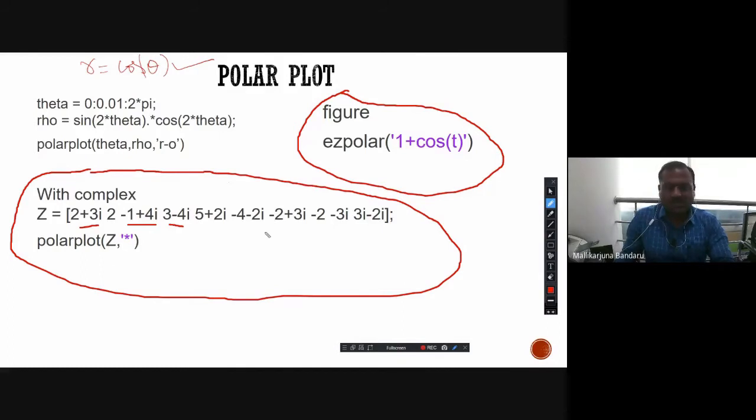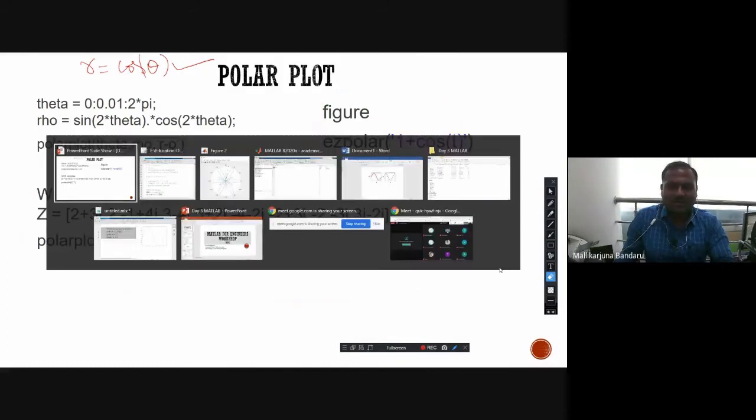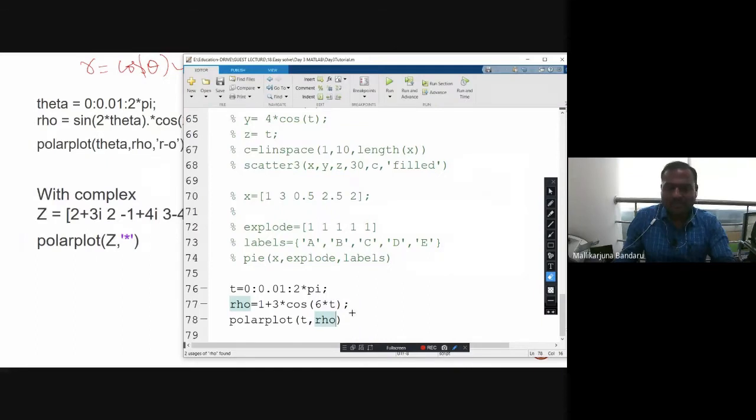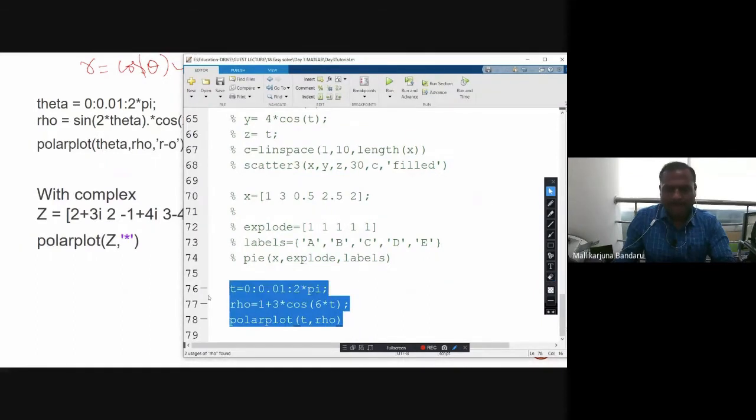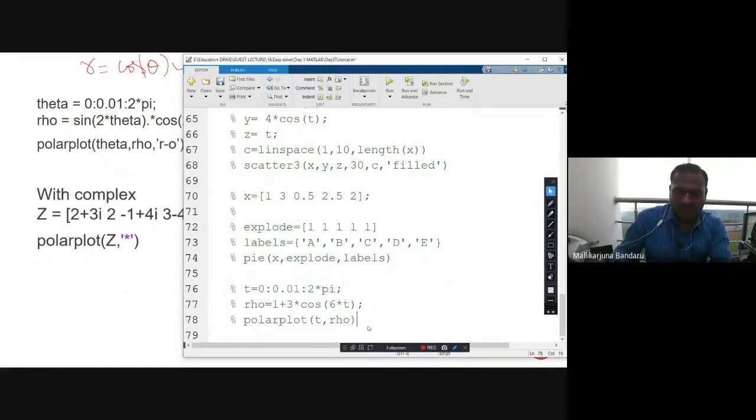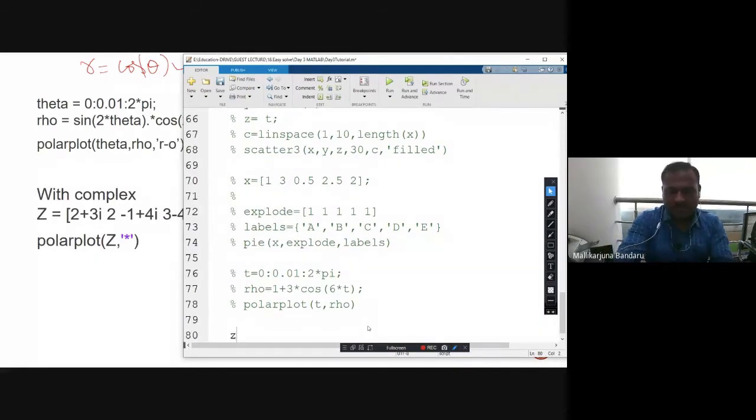So let us move to the complex, suppose. Z is equal to, let me take my own, 0, 3 and 1 plus 4i, minus 1 minus 4i. Okay, next suppose 3.